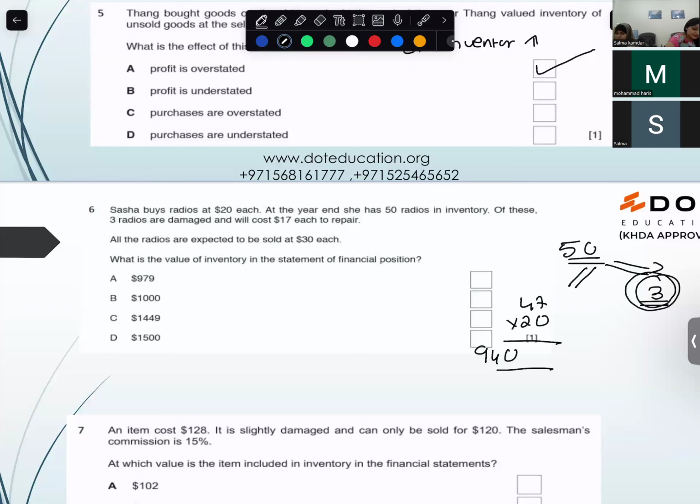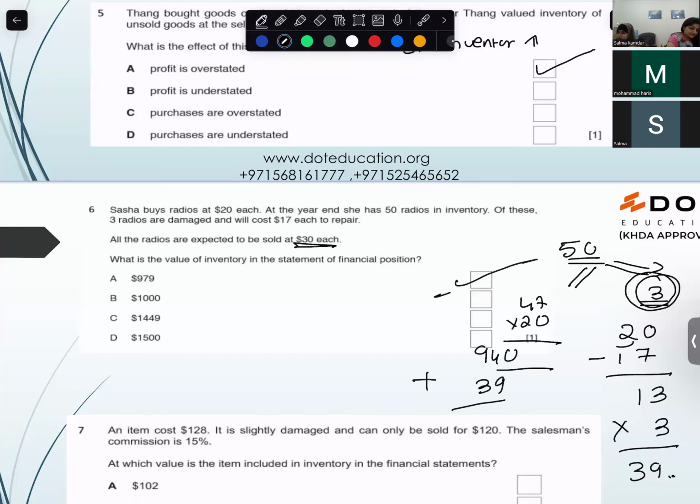We do 30 minus 17, because 30 is the selling price. And then we multiply it by 3 and we get 39. 13 into 3, 39. So 940 plus 39, 979. Very good.